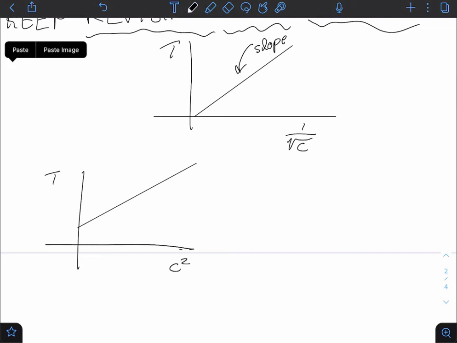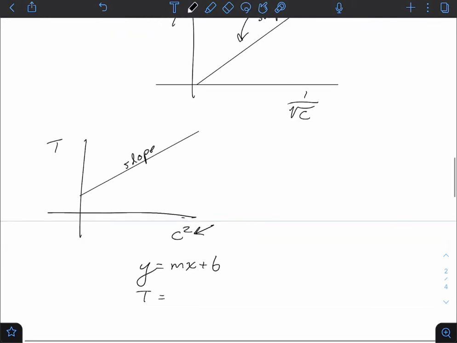Well, all graphs can be broken down into y equals mx plus b once you get them in a linear proportionality. So period is equal to whatever your slope is, and you would calculate that. So period is equal to the slope times c squared, that's my x value, plus whatever your y-intercept is.